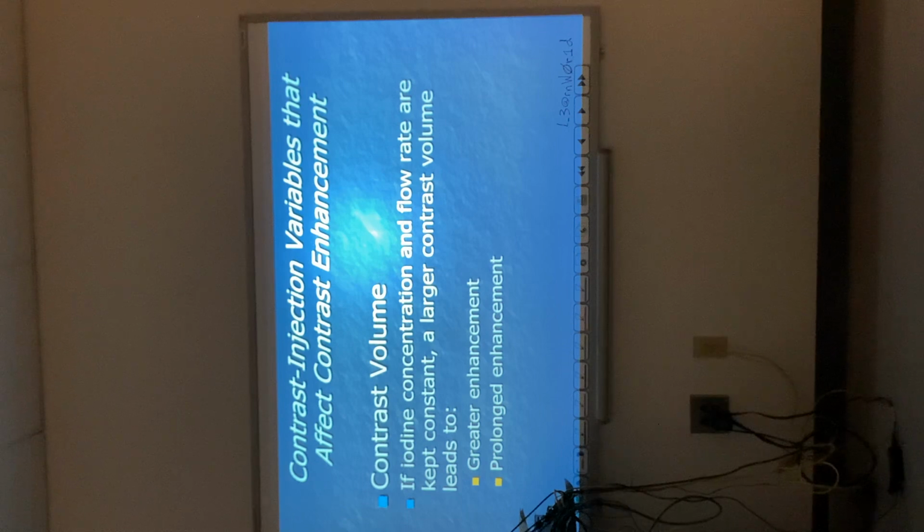So we don't want to give them too little. And also, if we utilize a larger amount of contrast media, it's going to keep that area enhanced for a longer length of time. So that actually leads into an example of another contraindication, which is having multiple contrast media studies on the same day or even within 2 days of one another, because there may be residual contrast from a previous study in the region that we're trying to look at.